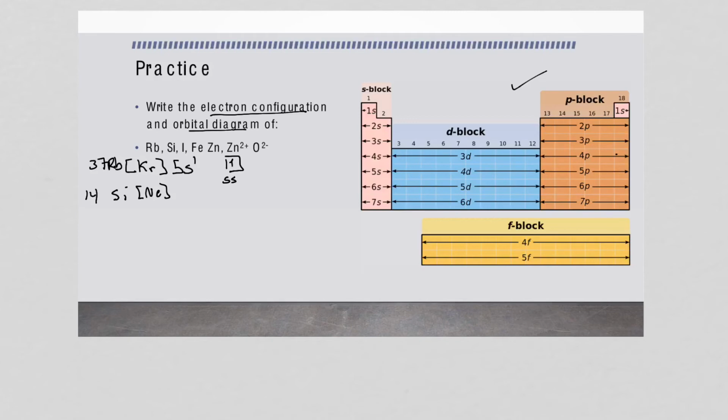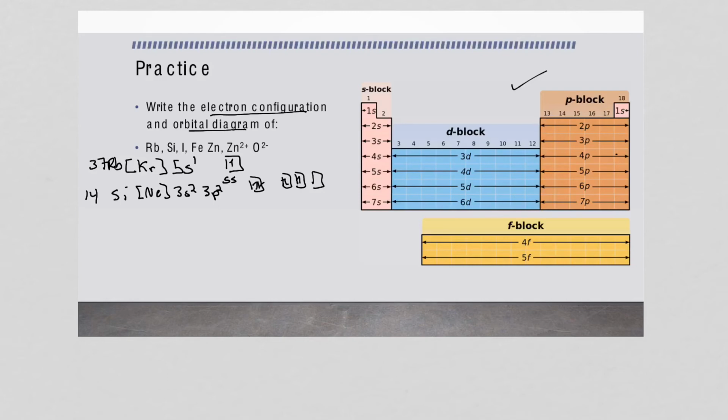So after neon, we're going to go 3s2, 3p2. And if I was writing out my little diagram, I would have my 3s, my 3p, I have 2 here, 1 here, 1 there, to give me my orbital diagram.